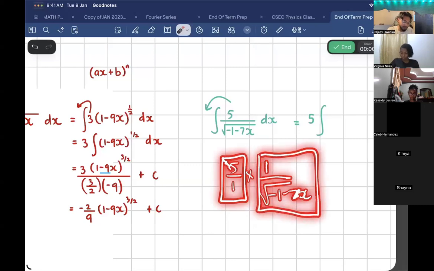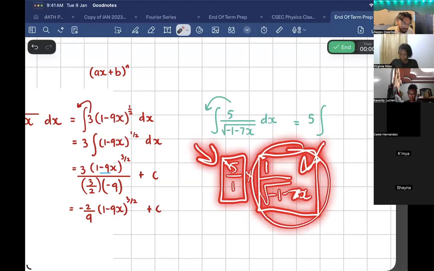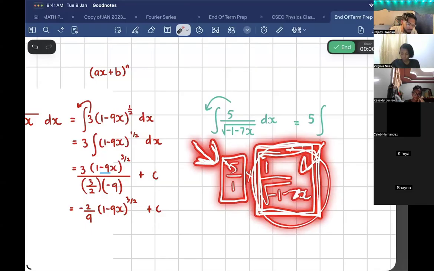Okay, look at this part over here. We're multiplying this function here by 5. 5/1 is 5, and you're multiplying this function by 5. Why am I calling it a function? Because are you seeing any variables over here? No, sir. So we're integrating a function times what? The function is being multiplied by what?